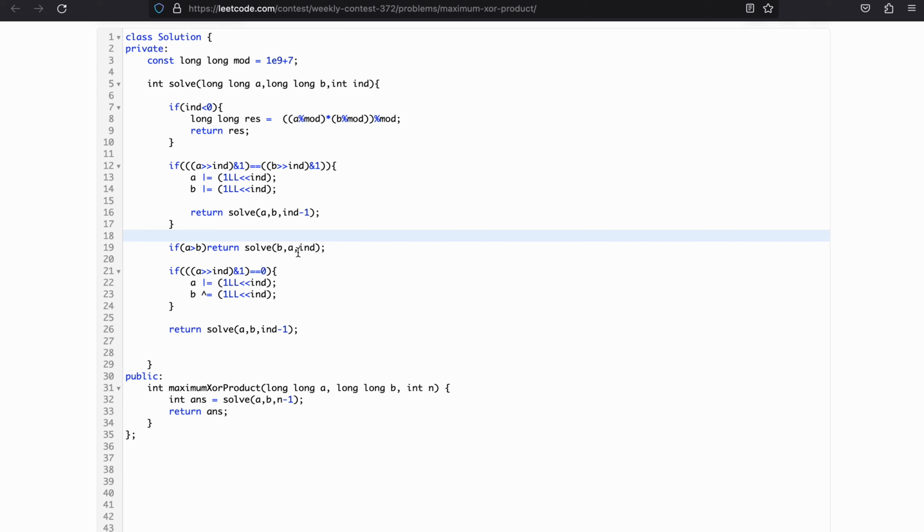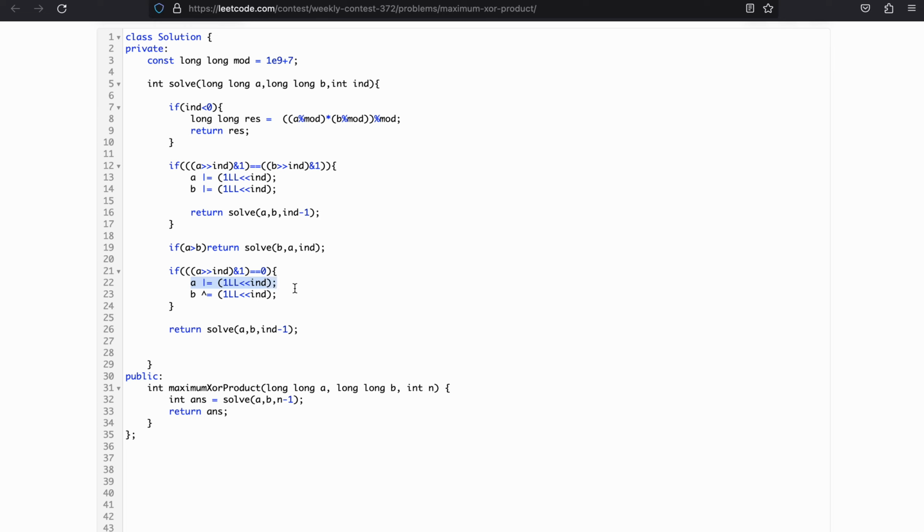Now in the next iteration a becomes minimum and b becomes maximum. Then in the minimum value a, if the ith bit is 0, we set the ith bit in a to 1.